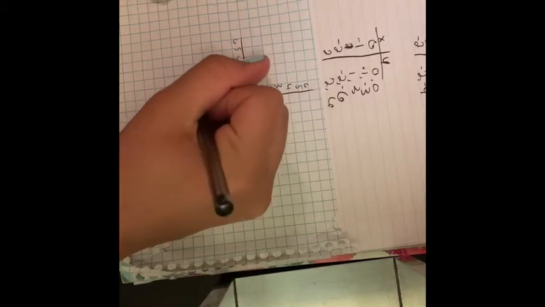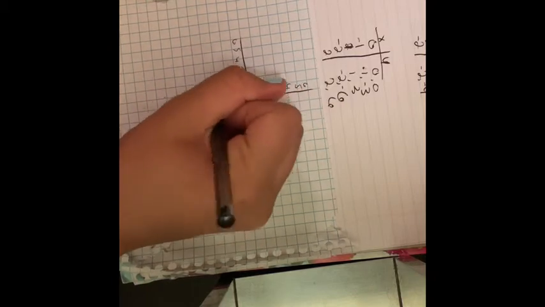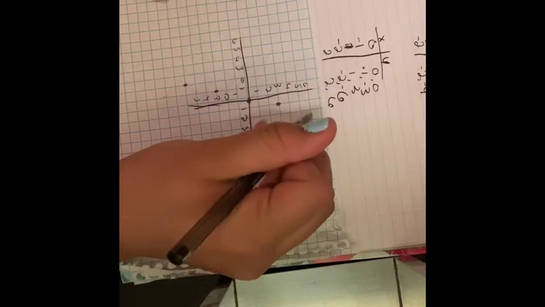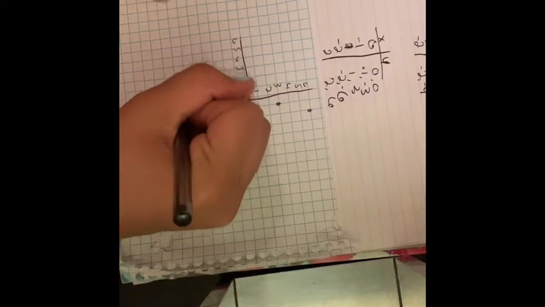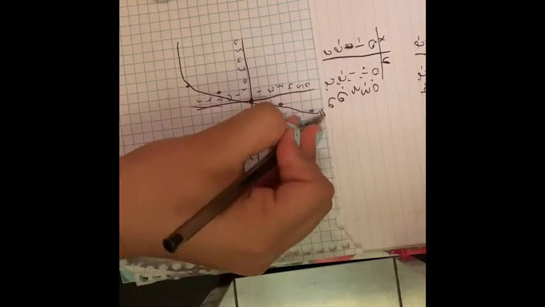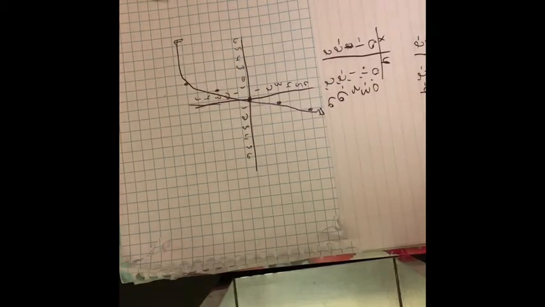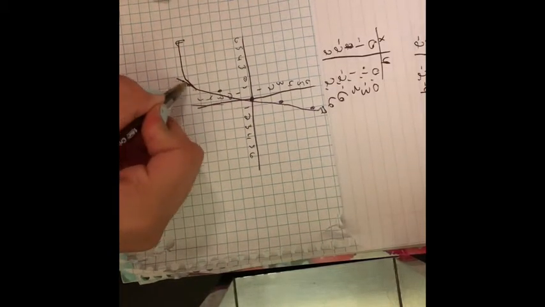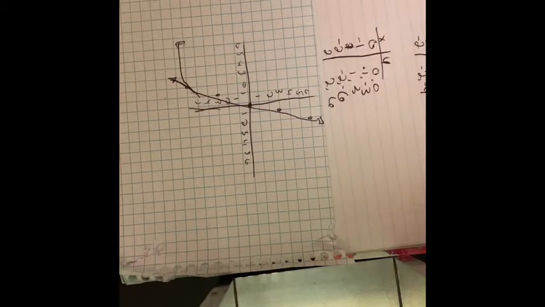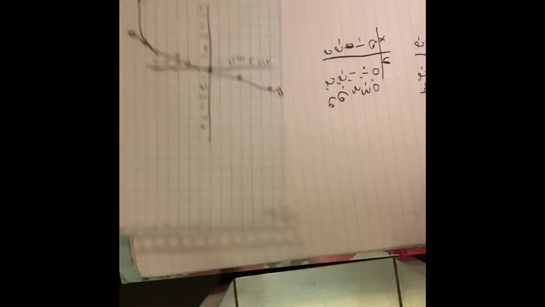We have (-2, -6). Then we have (2, 6). So now your graph should look something like, I think it goes down, something like that. Sorry, I made a mistake on this side. Your graph should look something like that. So those were two problems of exponential functions. Now I'm going to give you another problem to try on your own with the same steps, and I will come back.